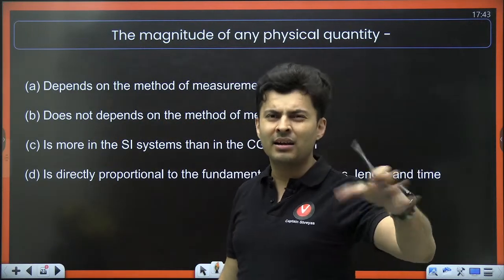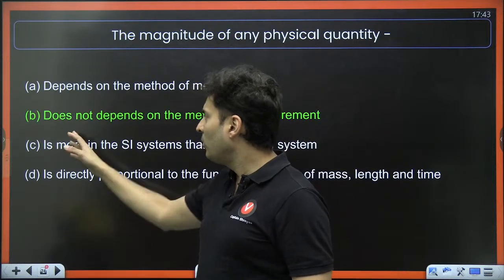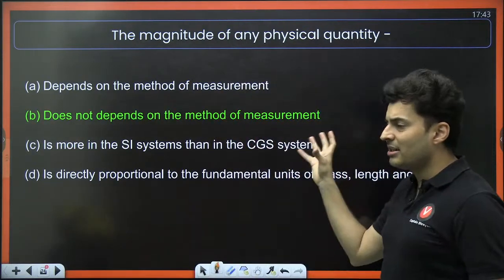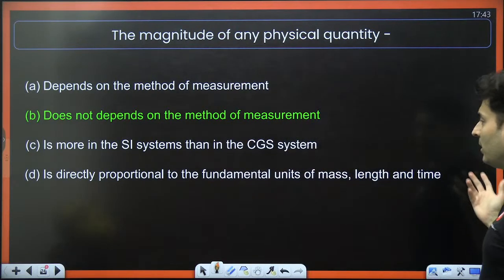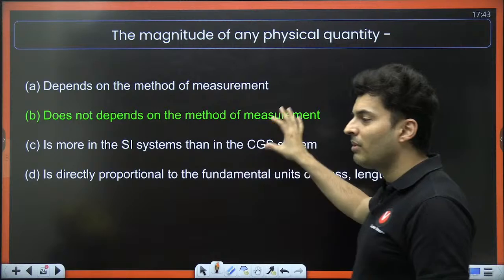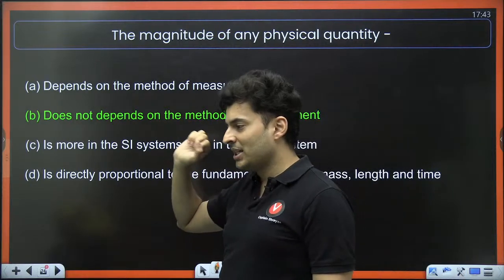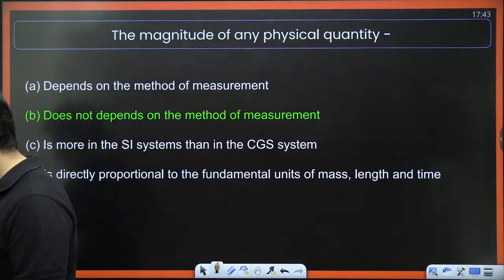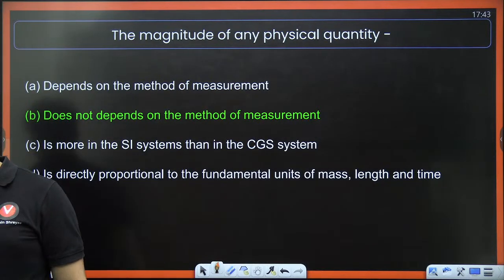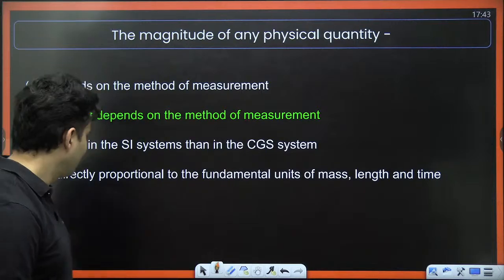Yes, there might be error, that's another story, but how will it change? It will not change. So it does not depend only on the method of measurement. Is it directly proportional to the fundamental units? No, the other options are given just to confuse you. Be careful. Yes, it is option B.